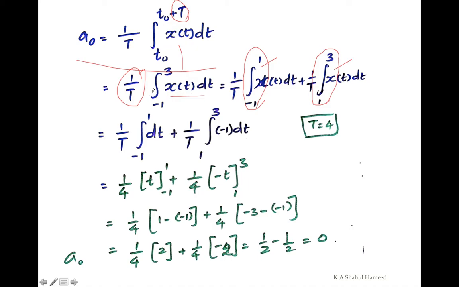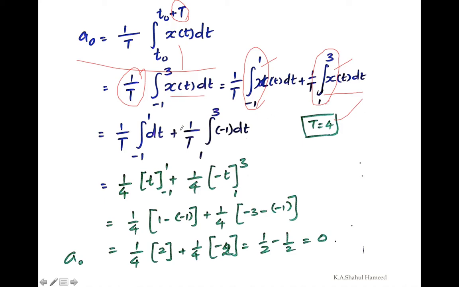So this integration I am going to divide. I am going to rewrite this equation as 1 by capital T integration over minus 1 to 1 x of t into dt, and again 1 by T integration over 1 to 3 x of t into dt. We know that T is equal to 4, the time duration.